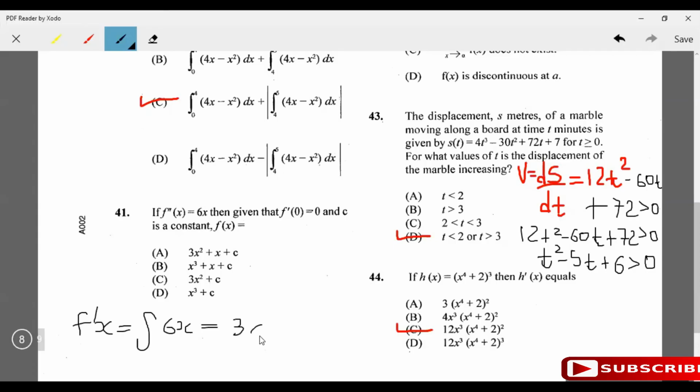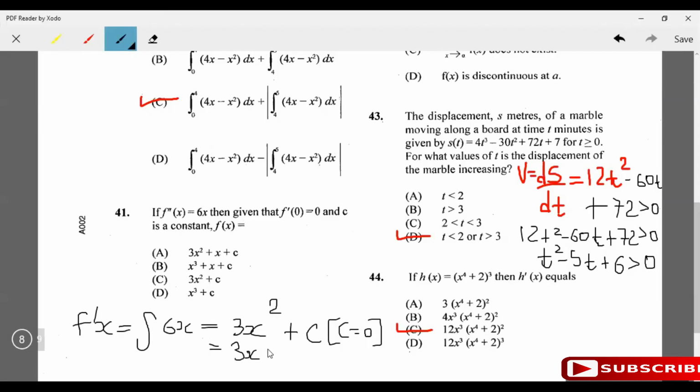So the integral of 6x is 3x squared plus some constant c. But notice what they said: f prime of 0 is equal to 0. So they're telling us that this constant c is 0, and f prime of x is 3x squared.